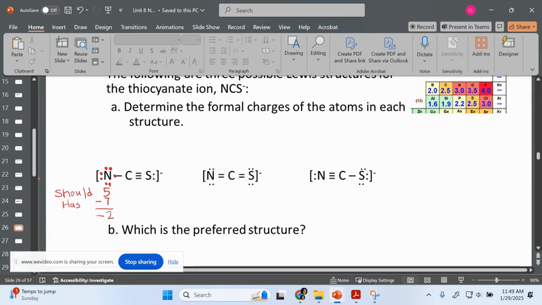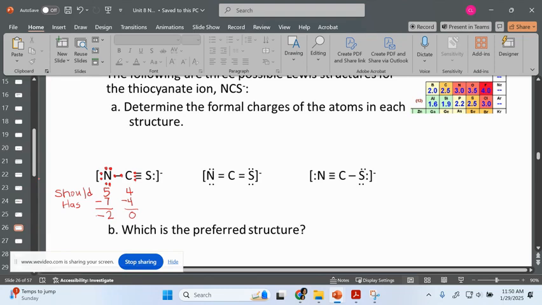Good. All right. Now let's count carbon. How many should carbon have? 4. We're going to count how many it has. 1, 2, 3, 4. 4 minus 4 is 0.